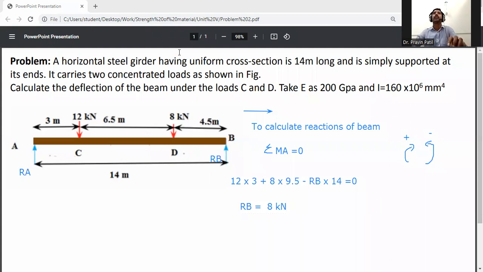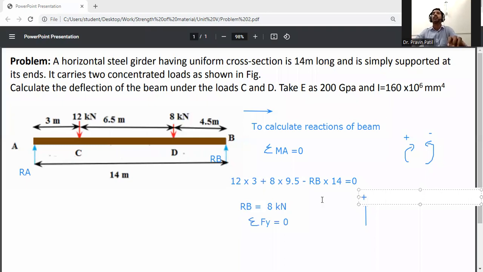Then apply the second equilibrium equation, summation of Fy is equal to 0. The algebraic sum of all the vertical forces is equal to 0. Here we assume that when force is going in the upward direction, it will be taken positive.